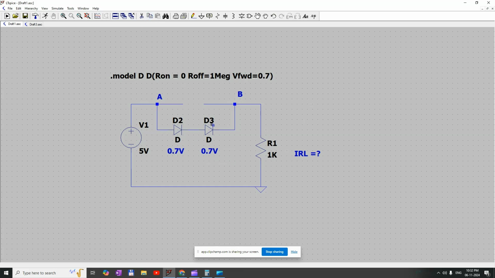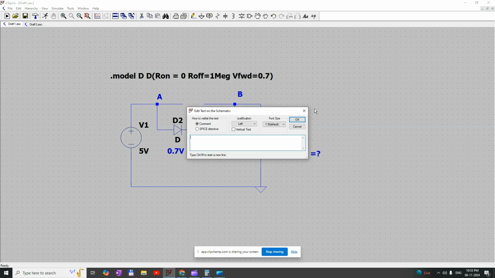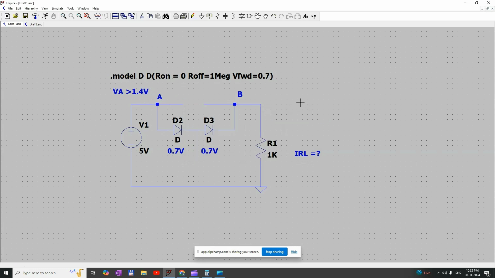Here D2 and D3 are connected in series, so the total voltage across node A and node B will be 1.4 volts. So only if the voltage at node A is more than 1.4 volts will these diodes conduct.